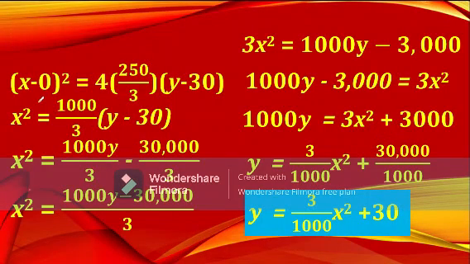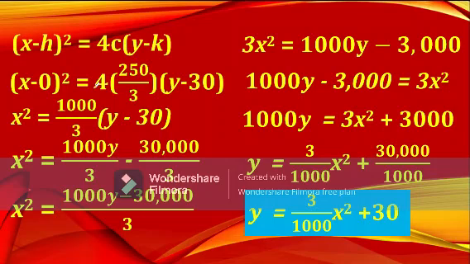The standard formula is (x minus h) quantity squared is equal to 4c times (y minus k). Then (x minus 0) quantity squared is equal to 4 times 250 over 3 times (y minus 30). Our value of c is 250 over 3.